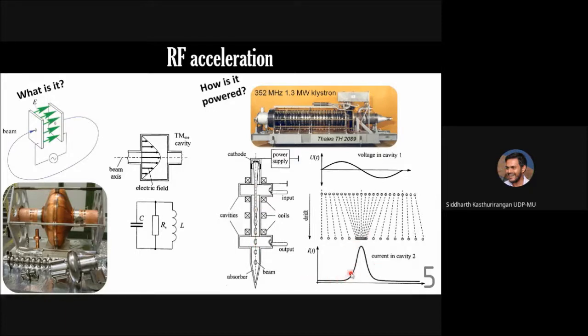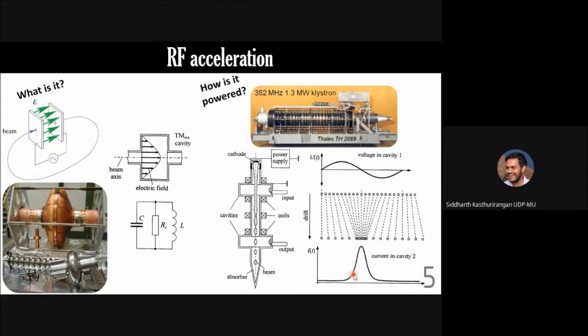And since this bunched beam will have very, very high current, you will be able to generate extremely high power. This is the basic idea of a klystron generator. I am not going into further detail because that is not the aim or purpose of this particular course, to look into the electrical engineering aspects of things.